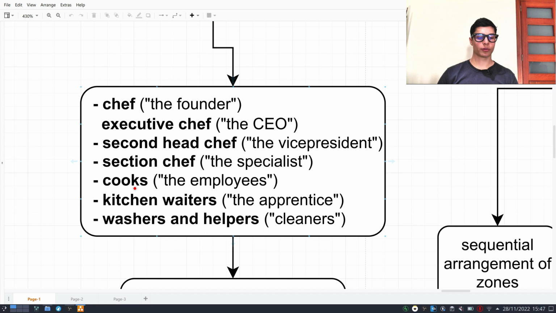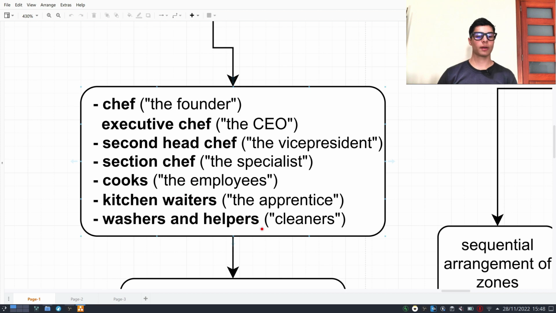Then the cooks. The cooks are like the employees, as I said, and they follow the rules of the section chef in that area. Then the kitchen waiters help the cooks. For example, they bring them the knives or some ingredients, so they support the cooking process. They make it easier.